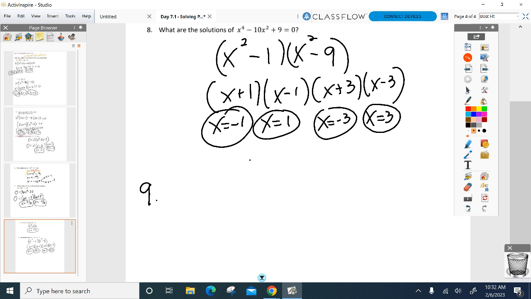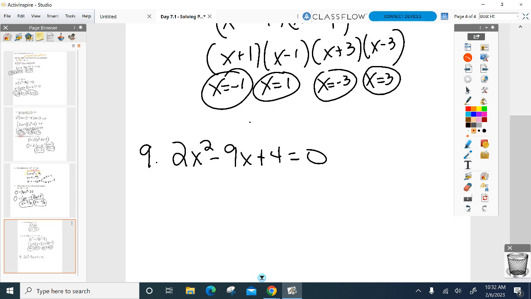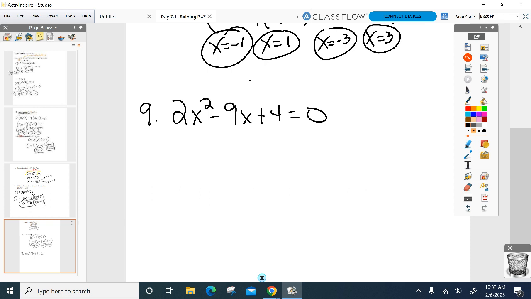If you have my notes, you'll see it right there: 2x squared minus 9x plus 4 equals 0. I just want to review this because you'll see it tomorrow when you're doing it on your own.